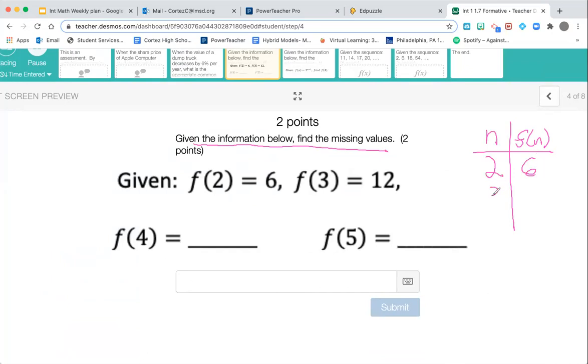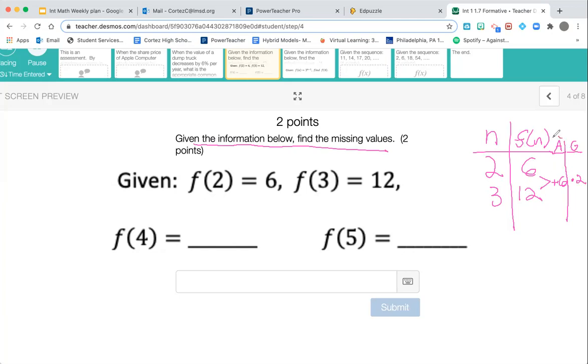If n was 3, the outcome was 12. You have two options with how you could take this further. You could notice that if it was arithmetic, it would be adding 6, whereas if it was geometric, hopefully you say that it would be multiplying by 2.